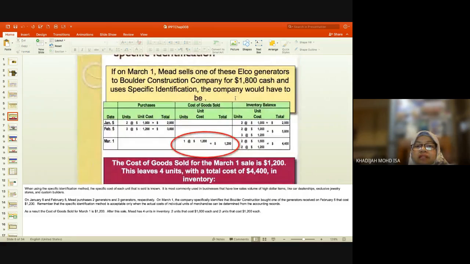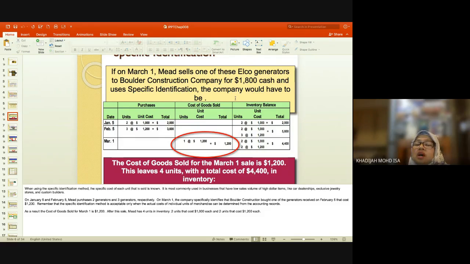On 1st March, Meet sells one of these Alco generators to Builder for 1,800, and using specific identification, the company will have two. So here, the table shows you four columns. The first column is the date of transaction. The second column is the purchases, which refers to whenever you purchase inventory from your supplier, what comes in.